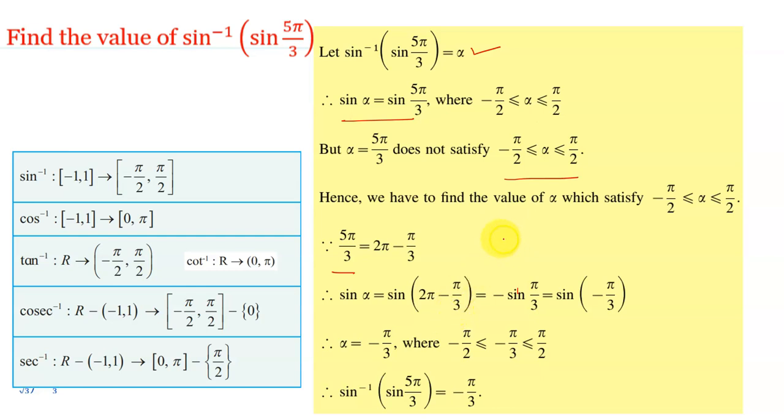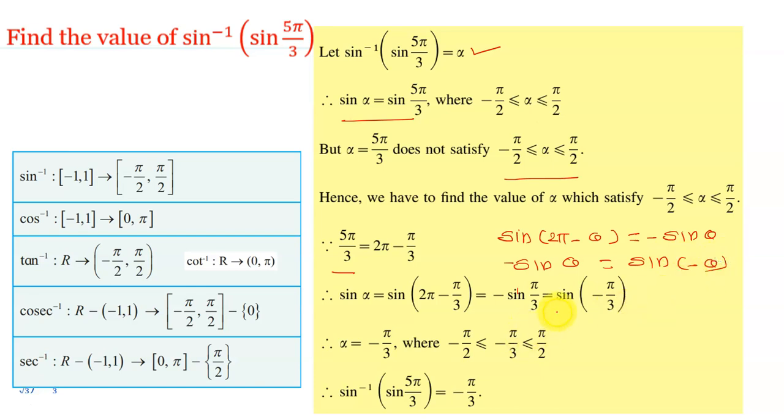And there is one more result. What is that result? Sine of 2 pi minus theta is equal to minus sine theta. Using this result, we have minus sine of pi by 3. Again, minus sine theta is equal to sine of minus theta.